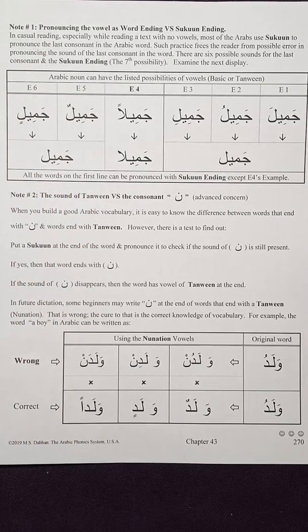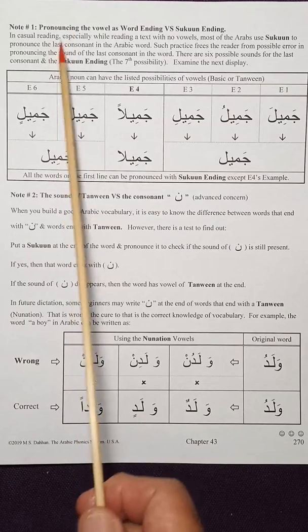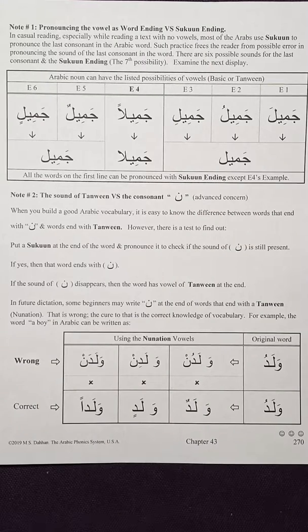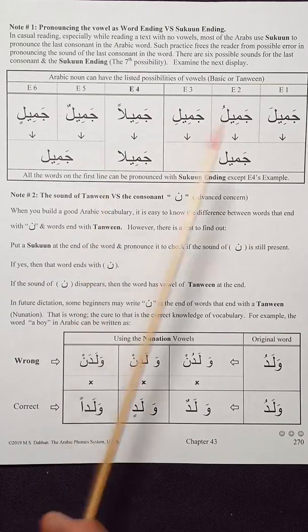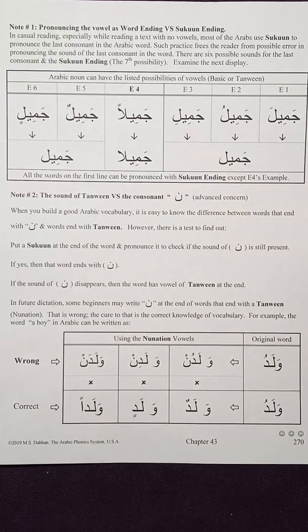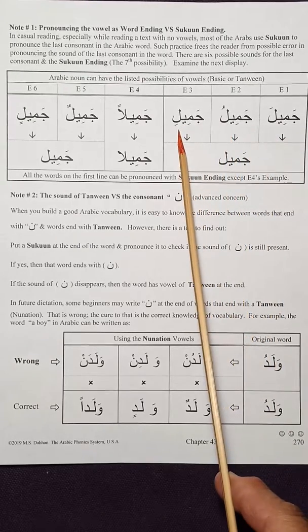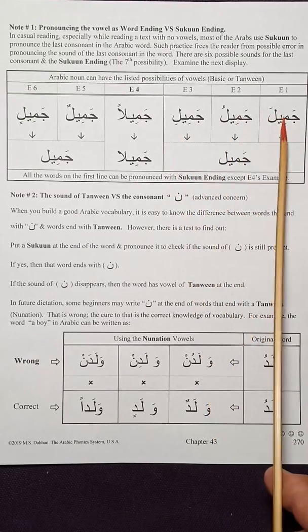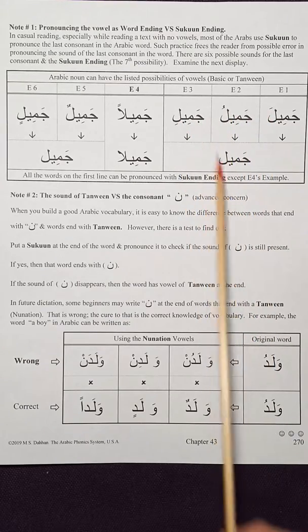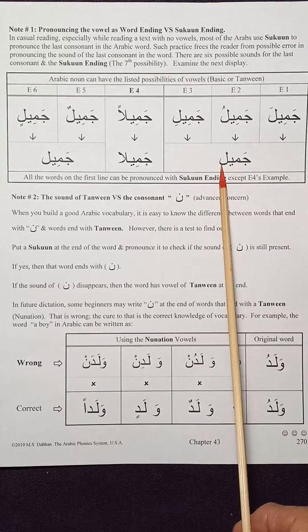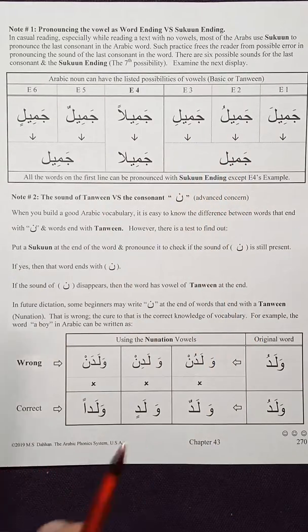Okay, note number 1. We have 2 notes in here. Pronouncing the vowel as word ending versus sukun ending. This is basically a summary of all the exercise we just did together. The word is Jamila or Jamilu or Jamili. With sukun ending, it becomes Jamil.